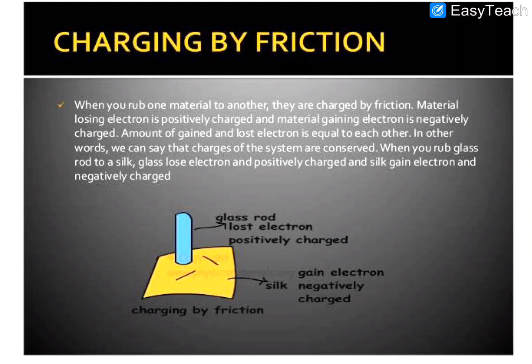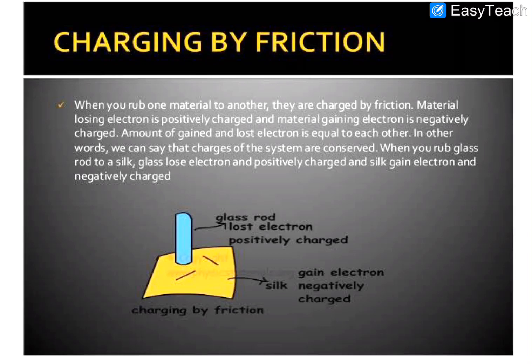Now how is it getting charged? Let us explain. Consider the glass rod. Initially just imagine that there are 5 positive charges and 5 negative charges in the glass rod. And consider the silk cloth. Initially there are 10 positive charges and 10 negative charges in the silk cloth.